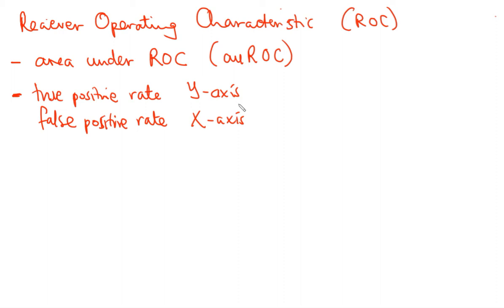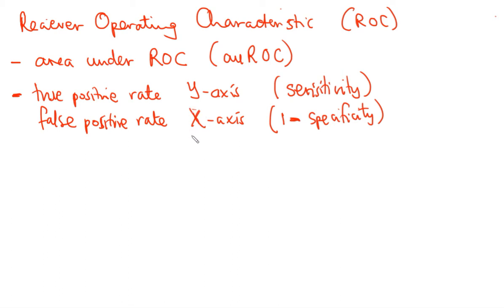The true positive rate has a name. It's called sensitivity. And then the false positive rate is 1 minus specificity. If you want to call it by the scientific names. So that's what it does.